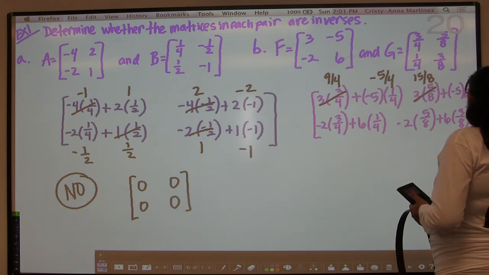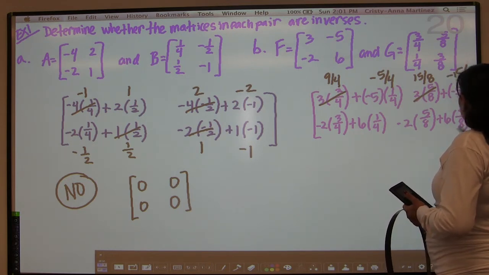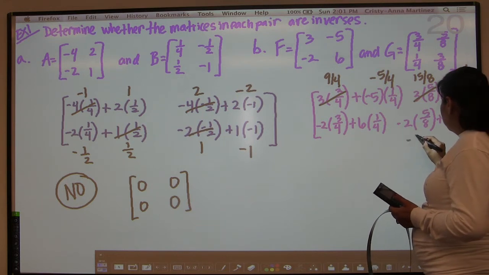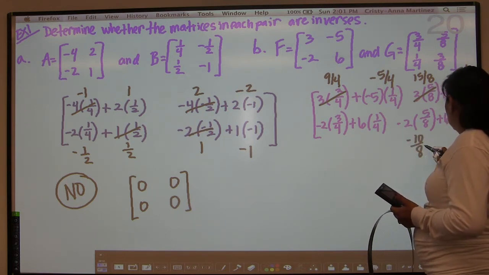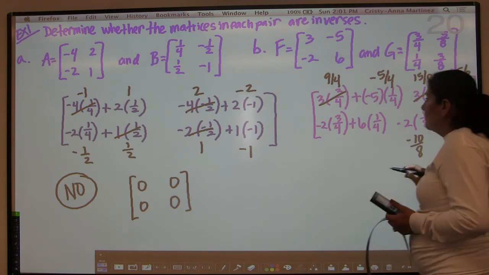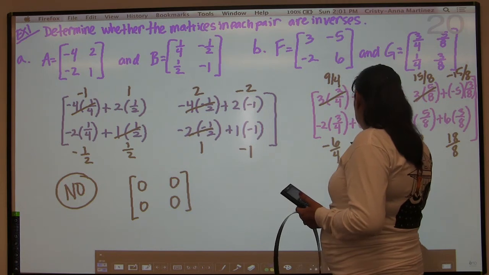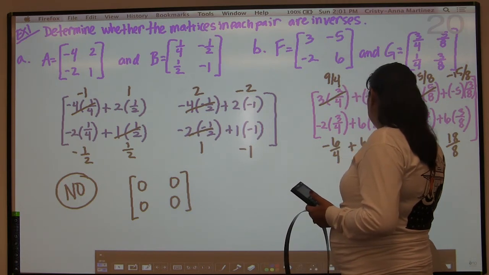And negative 5 times 3/8 is negative 15/8. And over here we're going to get negative 10/8. And 6 times 3 is 18/8. Over here we're going to get negative 6/4 and positive 6/4.